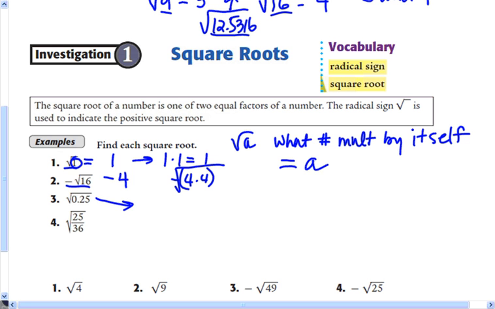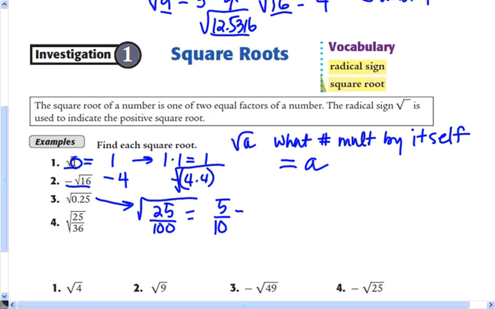This one kind of looks like it might be hard, but if you think of 0.25 as a fraction, it's 25 hundredths. For 25 hundredths, you can think of what number multiplied by itself equals 25. That's 5. And what number multiplied by itself equals 100?